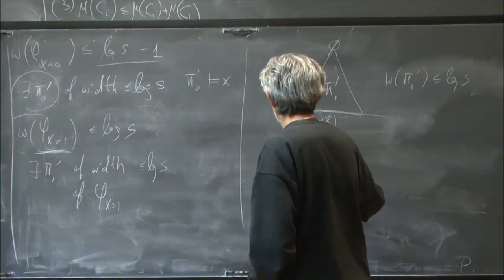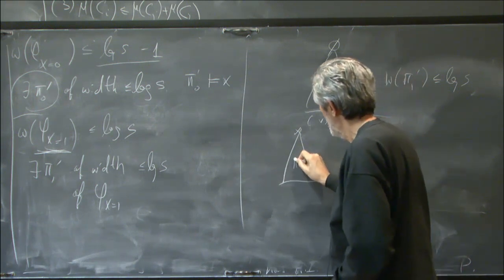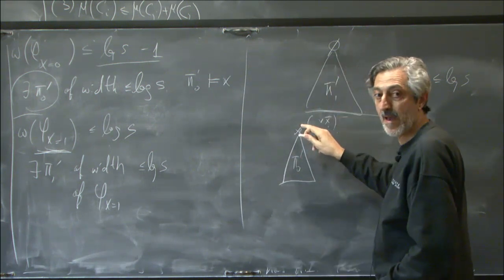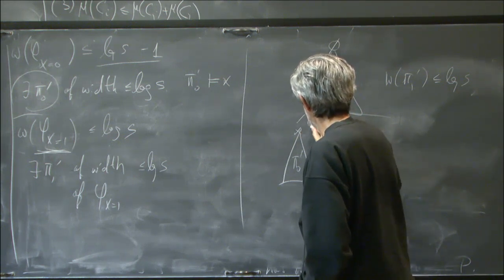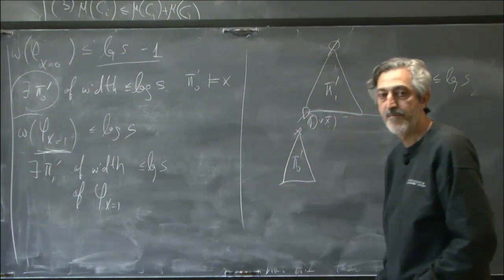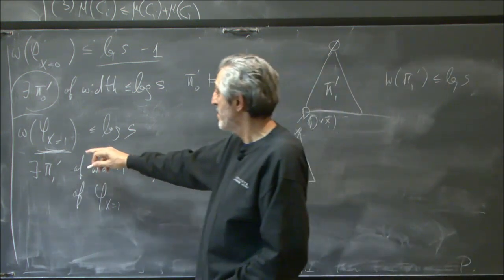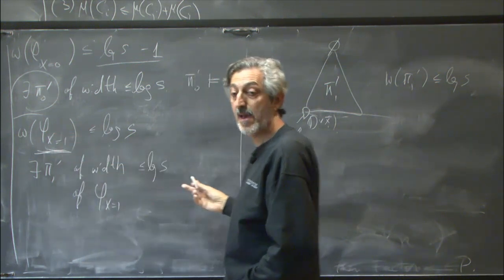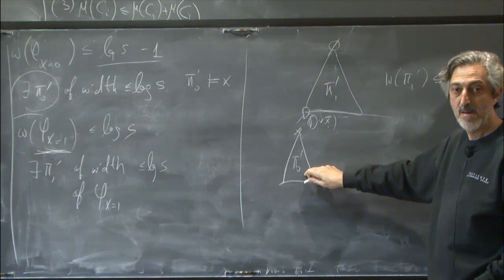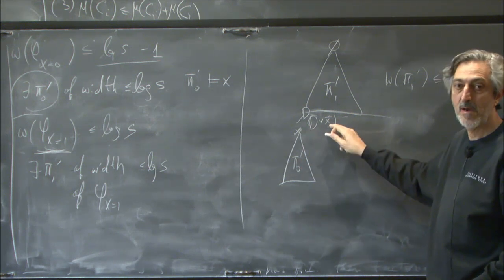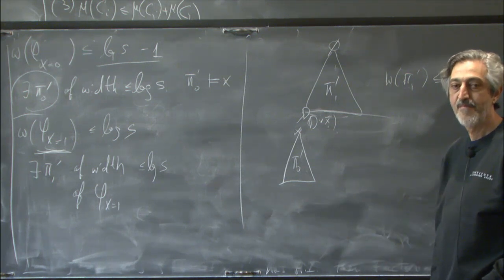Whenever there was a clause like this, I put here whatever thing pi 0 prime which generates x, and I take a resolution proof, so let's call it d of x. So all the axioms that I use in pi 1 prime, which generates this, I can get by plugging in this low width proof for x, which I resolve against this x bar, and I get rid of it.